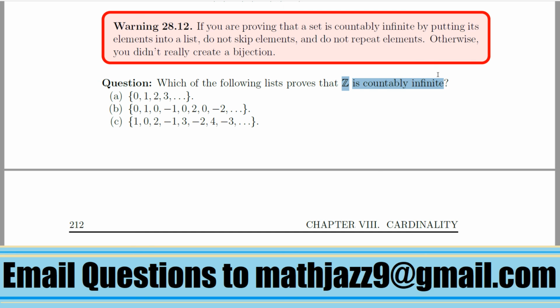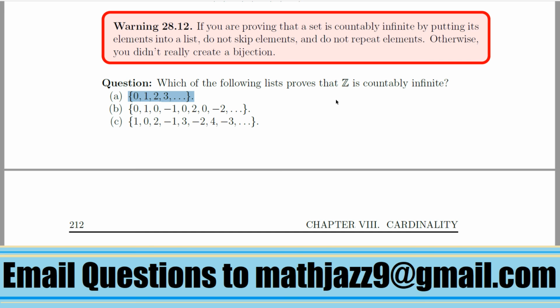Oh, okay. No, it proves that it's at least countably infinite. This list here shows that Z is at least infinite because it contains the naturals. But it contains more than the naturals, and some of the elements are not appearing in this list.